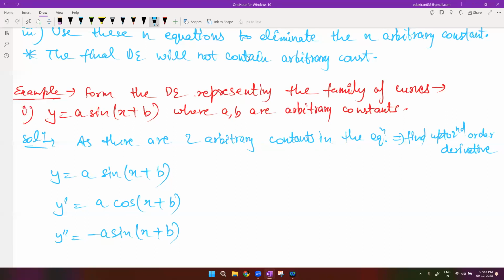So now, can you tell me how to eliminate a and b using these equations? I mean, using these three equations. This one equation is already given to us. These two we have formed. How to eliminate a and b using these three equations?